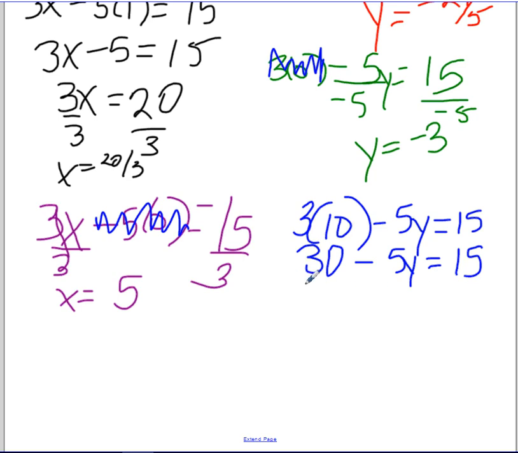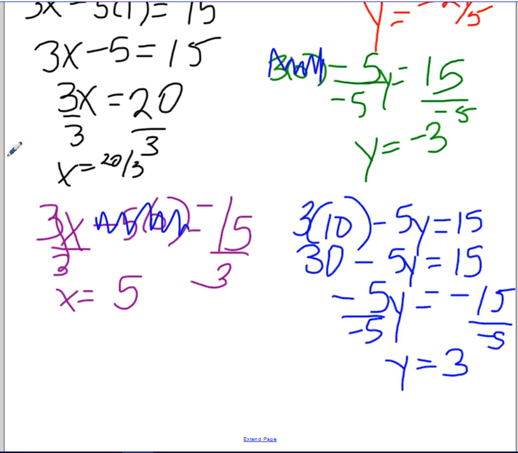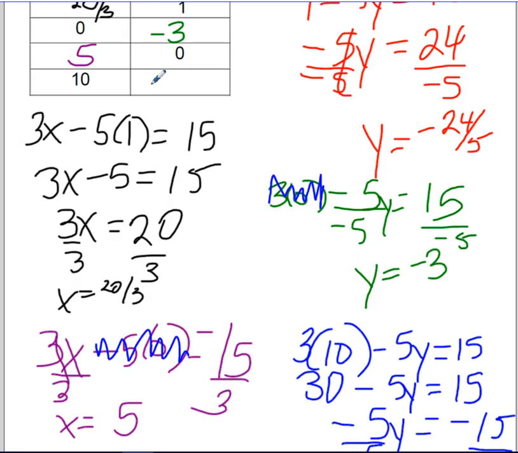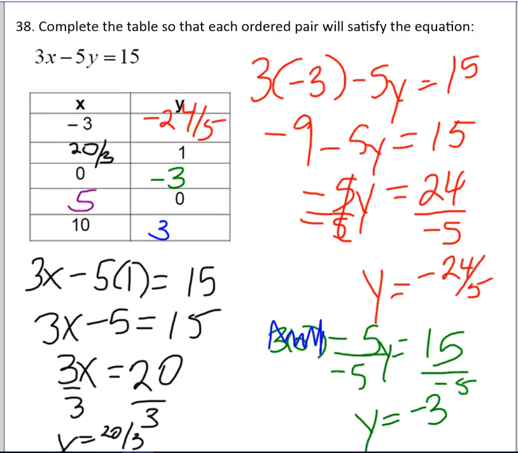We subtract 30 from both sides, so we can zero that out and leave negative 5y on the left. And 15 minus 30 is negative 15. So then when we divide both sides by negative 5, we get y equals a positive 3. So 10, 3 is the final ordered pair.